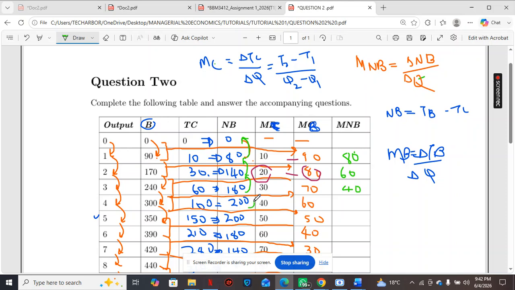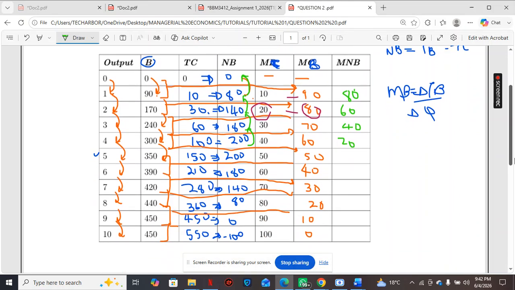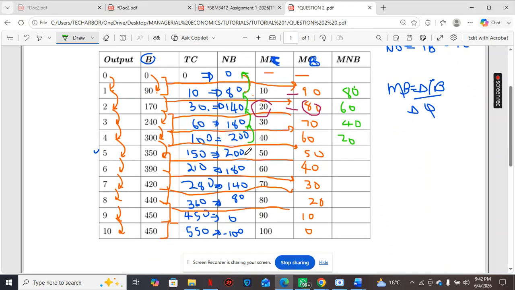Then we're going to say 200 minus 180, that is 20. Okay. Then we're going to say 200 minus 200, that is 0. Then 180 minus 200, negative 20. Then 140 minus 180, negative 40.